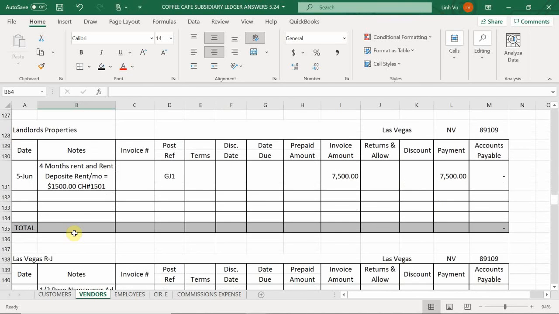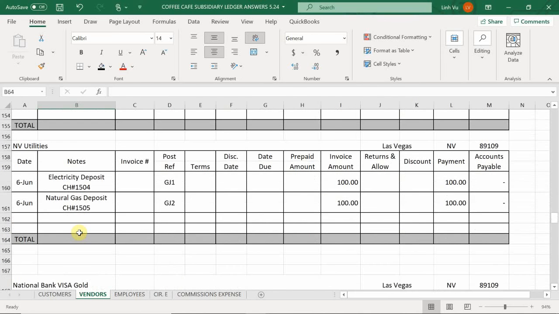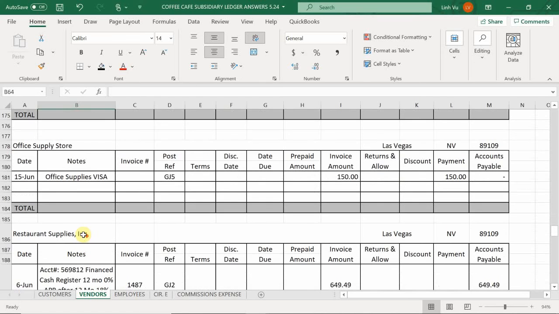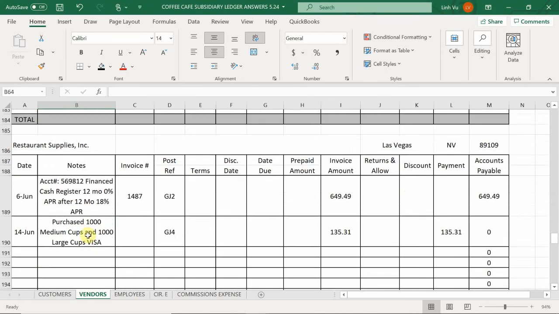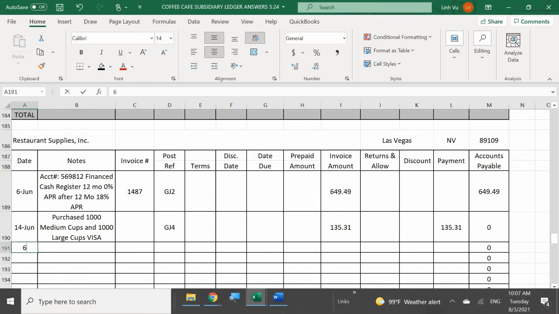So let's see. LV Remodeling, Las Vegas, NV Utilities, National Bank, office supplies. Here we are, restaurant supplies. It says right here we purchased.